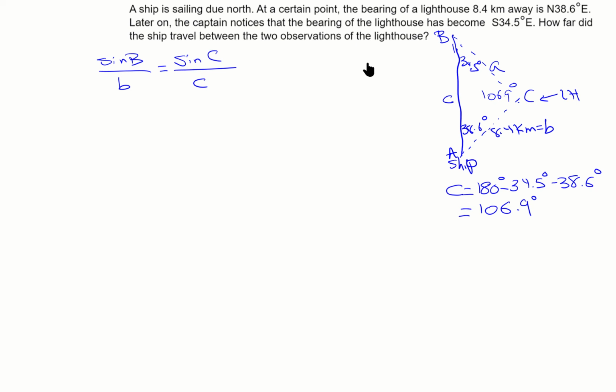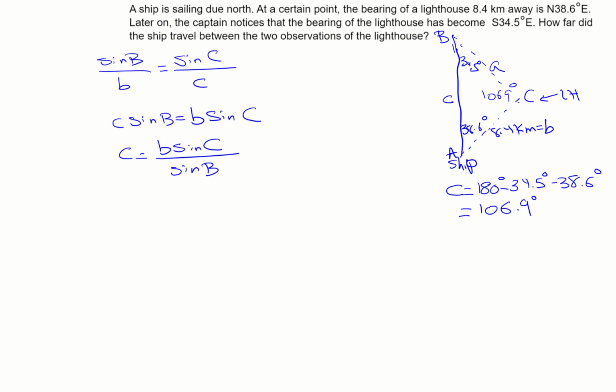So here we're going to be solving for c, so let's go ahead and do so algebraically first, then we'll plug in. So we know that c sine B equals b sine C, so we get c equals b sine C over sine B.